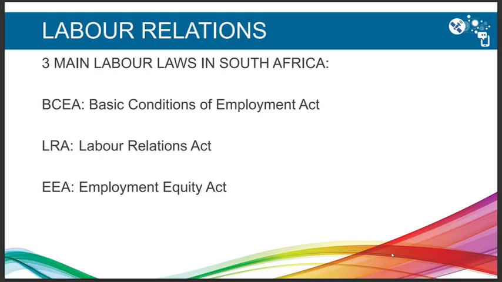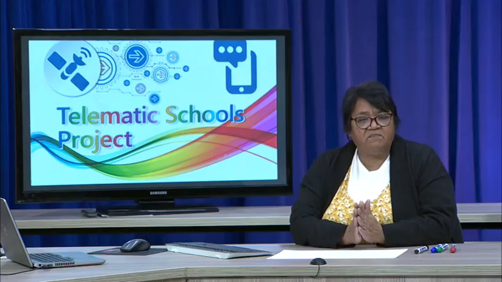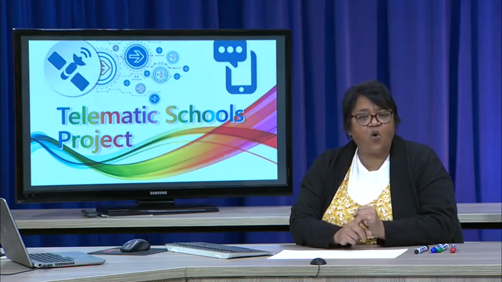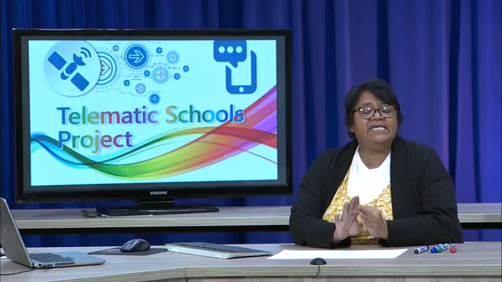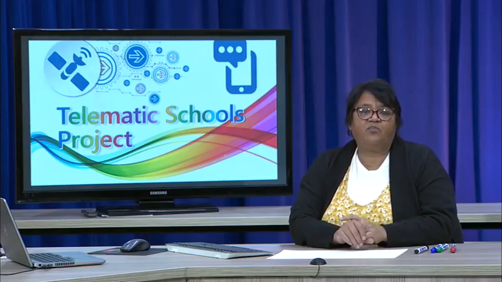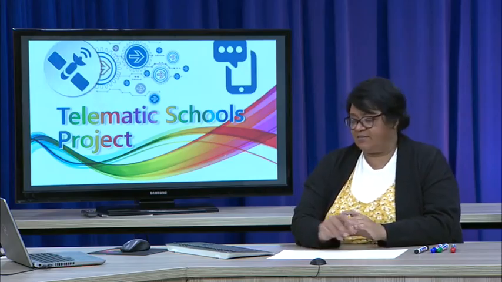So just very quickly, let us go through those 3 main laws. It is BCEA, which stands for Basic Conditions of Employment Act. It is LRA, which is your Labour Relations Act, and it is EEA, which is your Employment Equity Act.